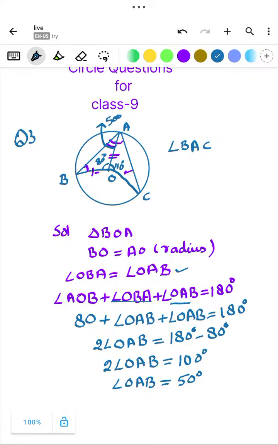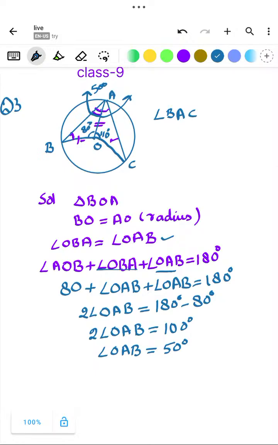Now similarly we can solve this triangle, and in this triangle we can find the value of this angle, which is OAC. So we will take triangle COA, and in triangle COA, OC is equal to OA, OC is equal to OA, radius of the circle.